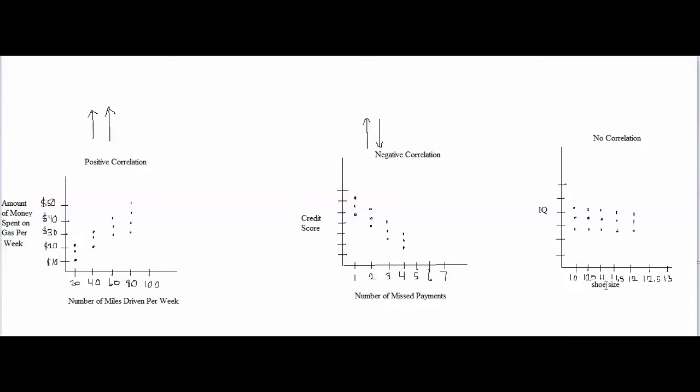So, in other words, it looks like shoe size and IQ have nothing to do with each other, which means that we don't see any correlation in our data set between shoe size and IQ.